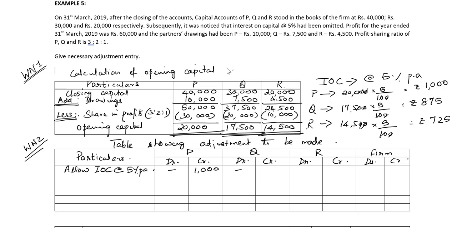We'll credit Q with Q's IOC, which is 875 rupees, and we'll credit R with R's IOC, which is 725 rupees. Now on adding 1,000 and 875 plus 725, we get 2,600 rupees, which has to be debited to the firm.